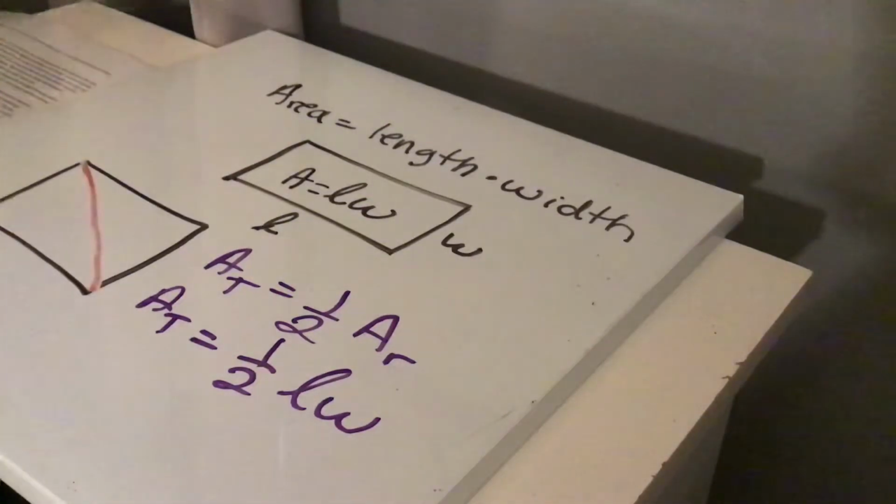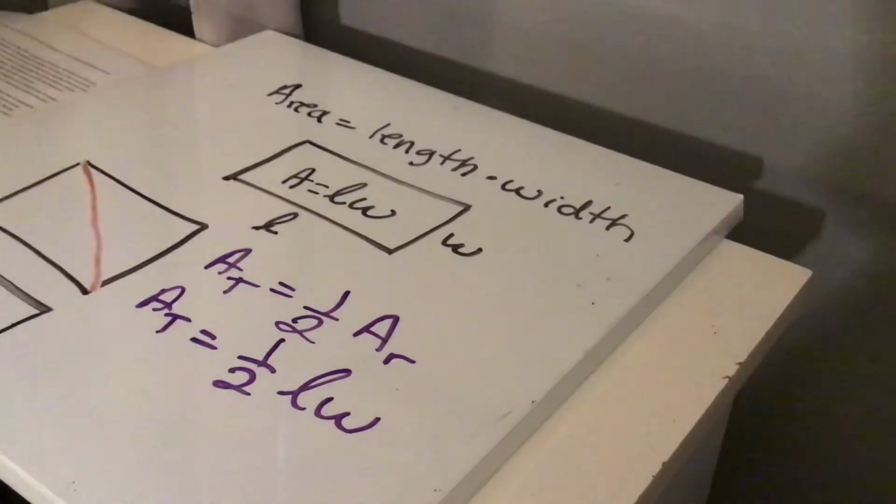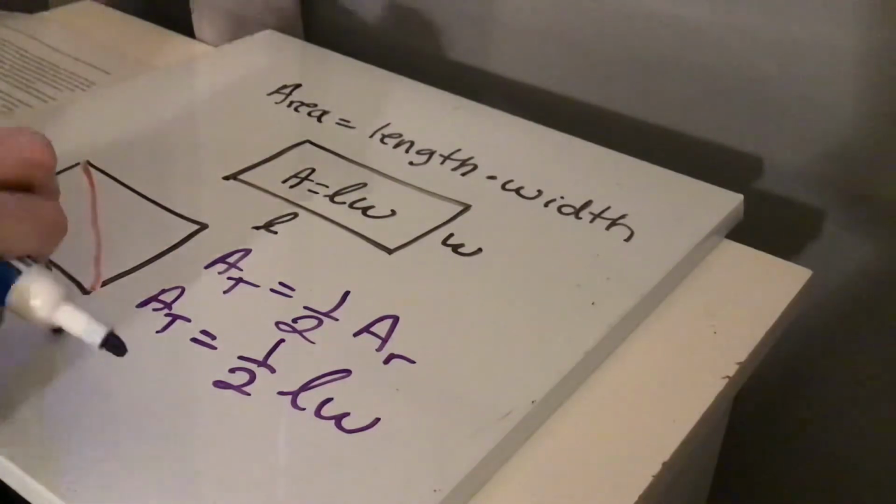You can also take a rectangle and create a trapezoid with it. Okay? Trapezoid says you have two sides parallel, two sides not parallel. Okay? So, actually, we're going to look more at a parallelogram.